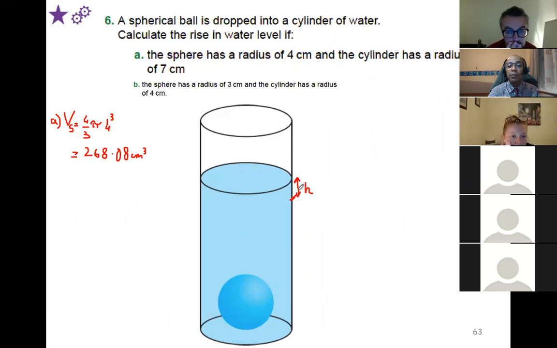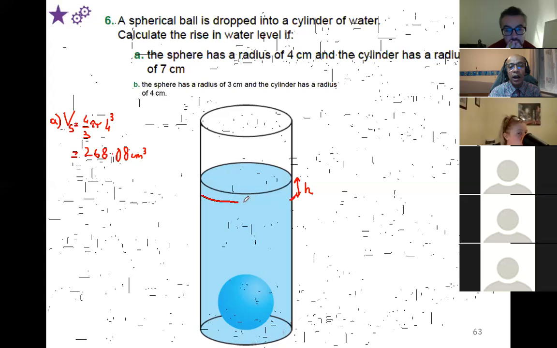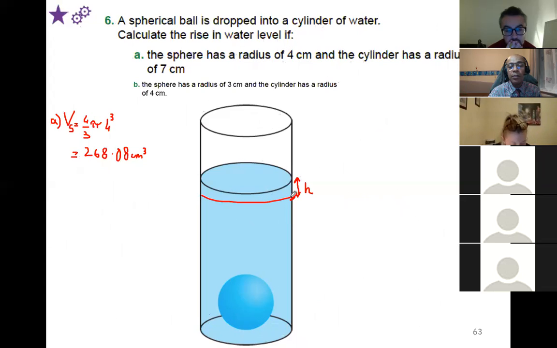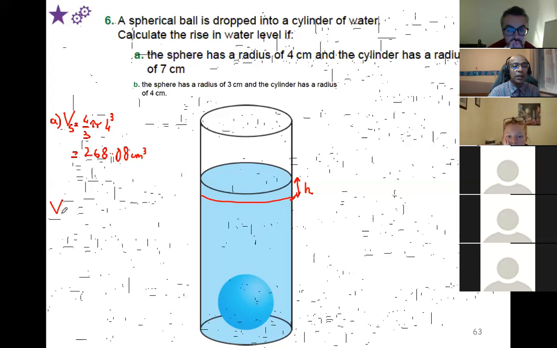The height is basically proportional to the volume that has been added. So the volume of water that went up by is exactly the volume of the sphere, because we've just put it in. So this volume of this part of a cylinder, the volume of a cylinder we said was pi r squared times the height.